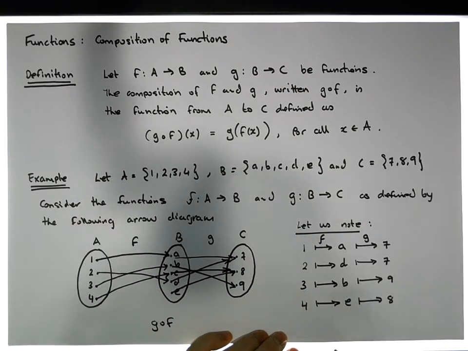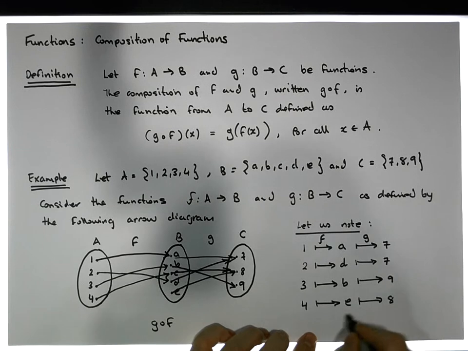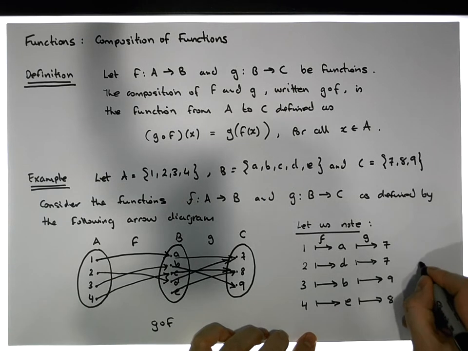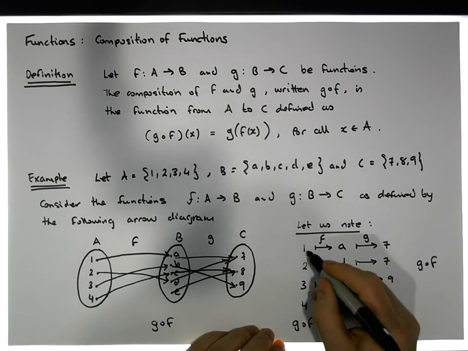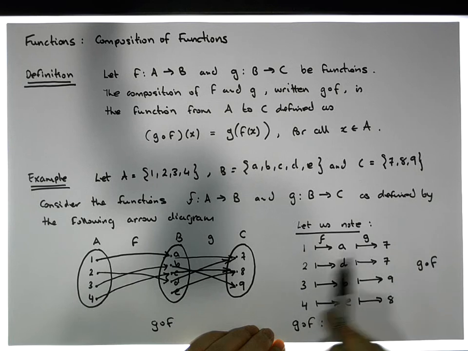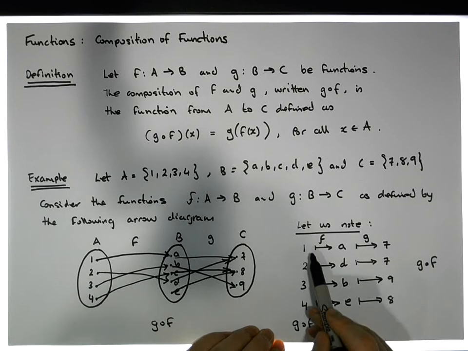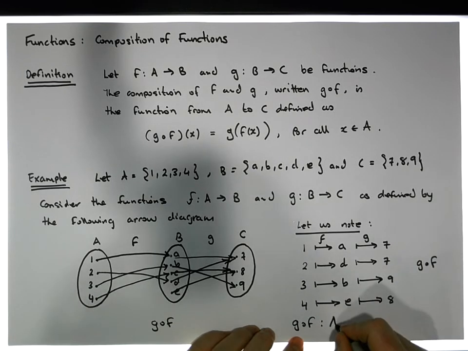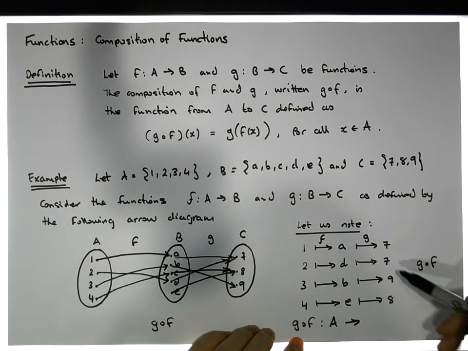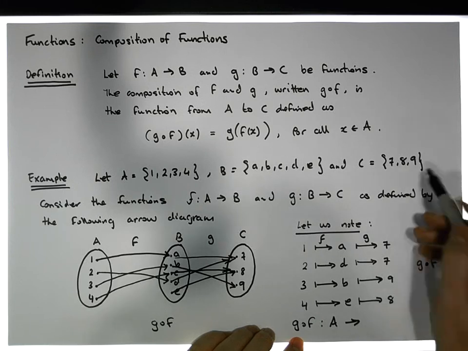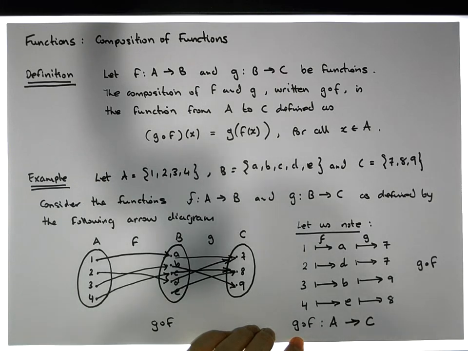So this particular function, the function g after f, takes every single value in A and maps it into 7, 7, 9 and 8, so into 7, 8 and 9, which is every single value in C. So we actually have a mapping here, and g of f is now our function.